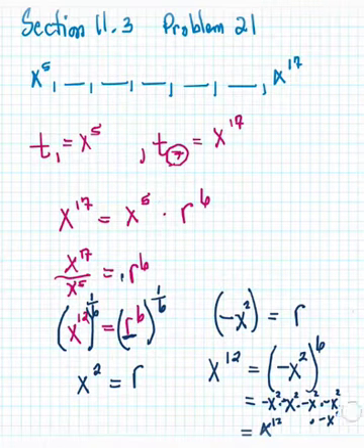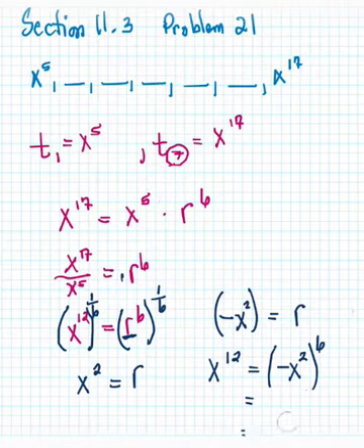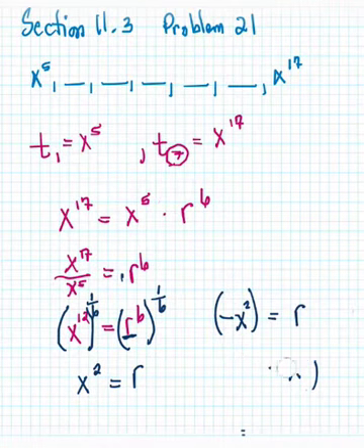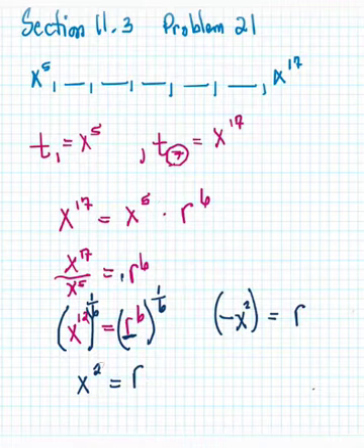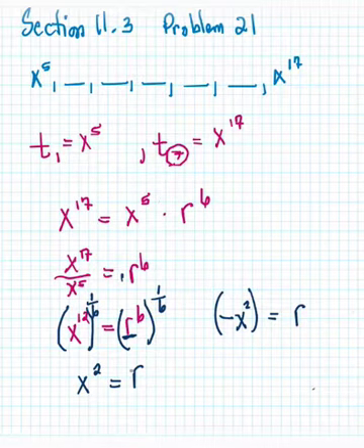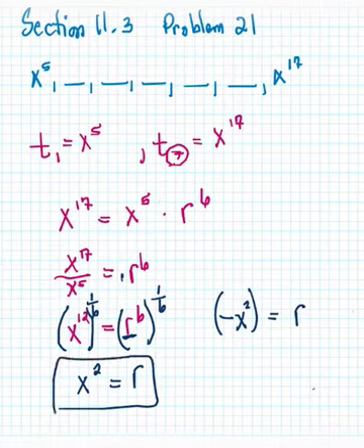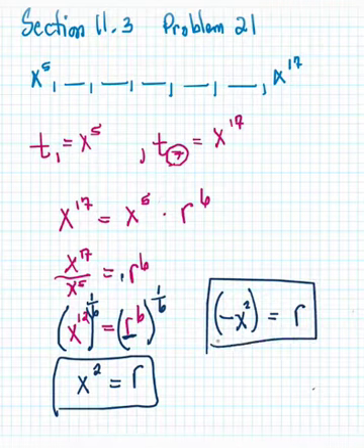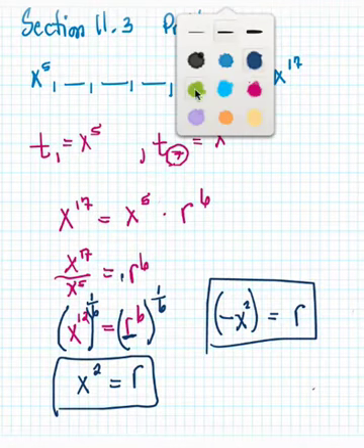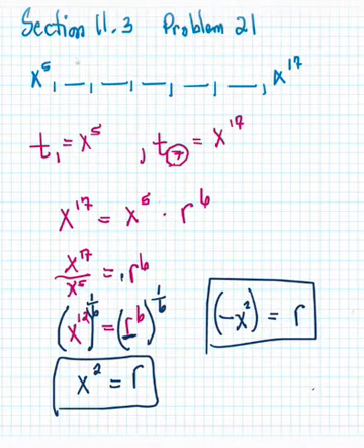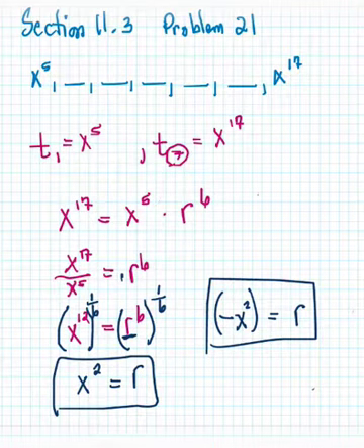All right. So I want to just confirm to you, do you see how r can equal x squared, but r can also equal the opposite of x squared? So that's the common ratio. r can equal x squared, or r can equal the opposite of x squared. So once I know the common ratio, it's not very hard to find what should go in each of these terms, because now I'm just going to take x to the 5th.